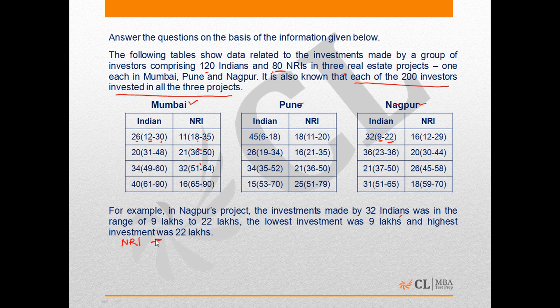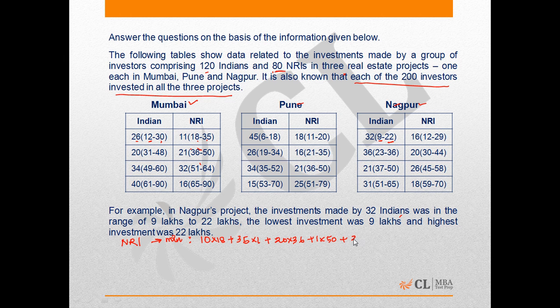So if you talk about NRI, the minimum investment that can be made is 10 into 18 plus 35. That is, just one person made a 35 lakhs investment. Out of this 21, 20 made 36 and just one made 50.